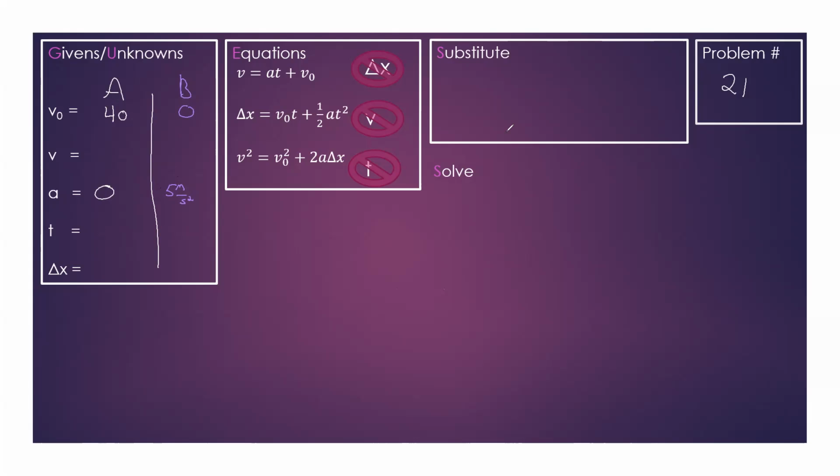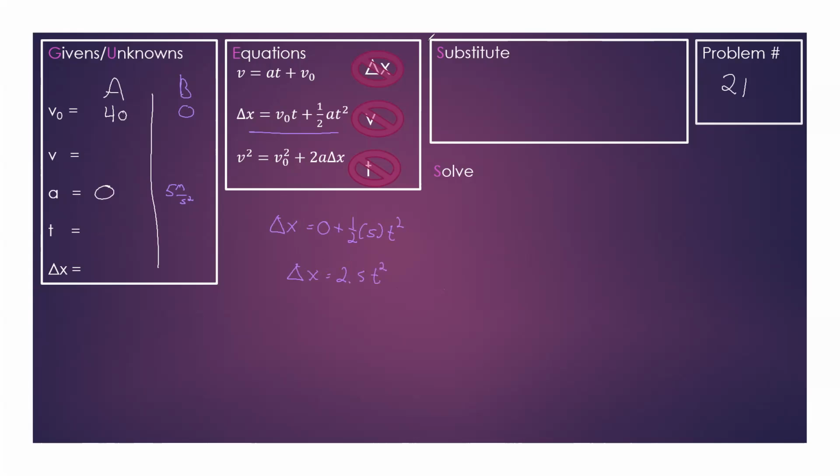Again, this is very similar to problems 10 and 11, where we are going to set up two equations. I'm going to use this equation right here. For train B, delta x equals v naught t plus 1/2 a t squared, but that first term becomes 0. So delta x is equal to 2.5 t squared.